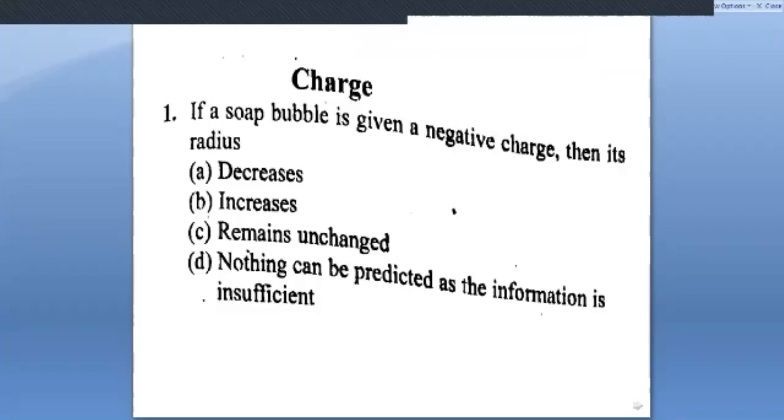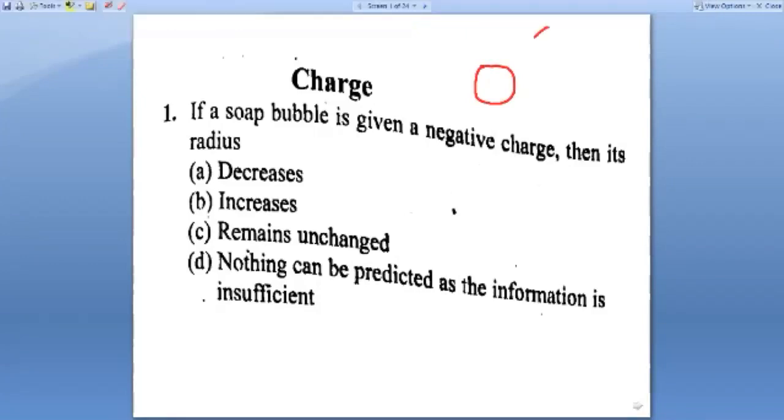If the soap bubble is given a negative charge, you know very well, this is the soap bubble. So in this soap bubble, given the negative charge, then the radius, question mark.